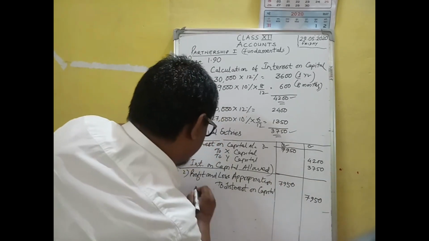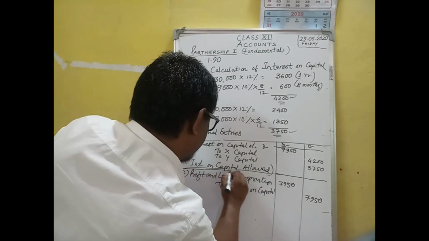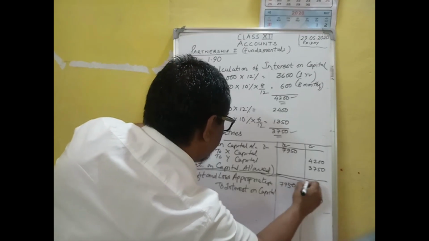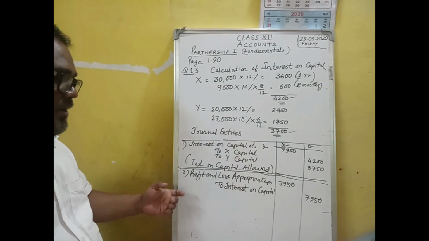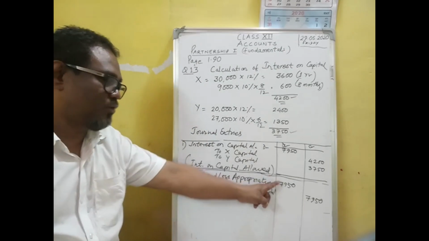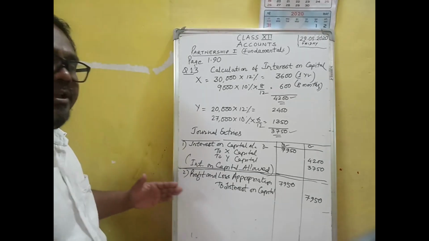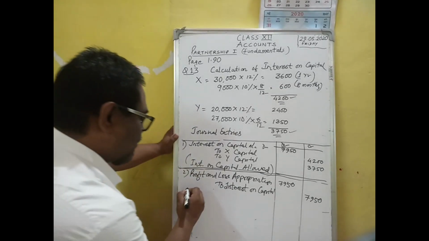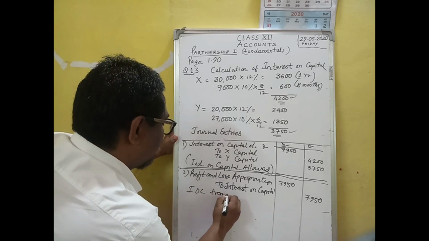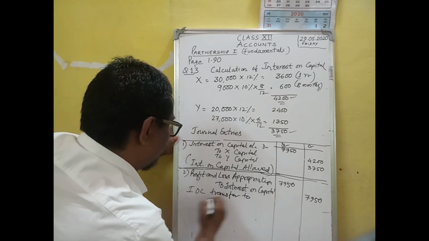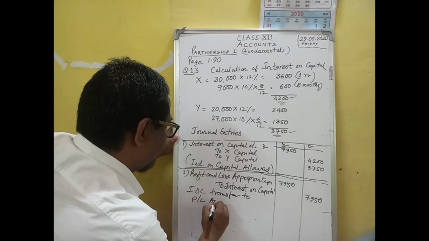So this is how interest on capital is transferred to the profit and loss appropriation account.